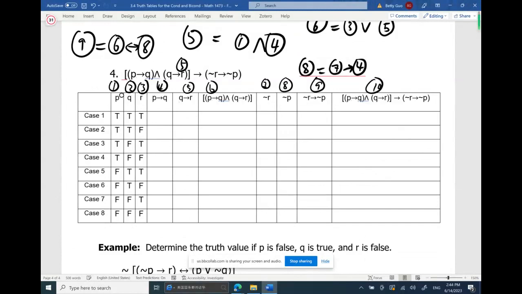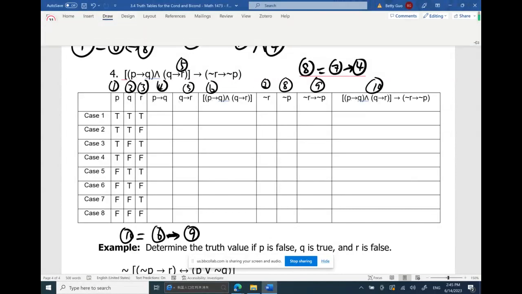Yeah, it's a very big table, pretty complicated. Number 10 is number 6 implies number 9. Number 10 is number 6 implies number 9.